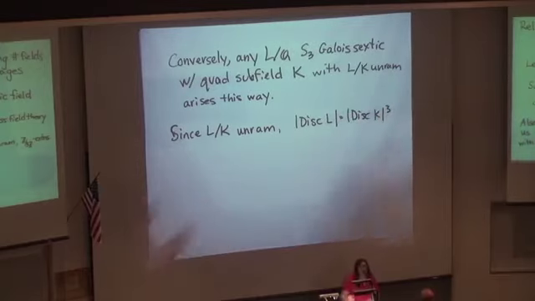So when we say we're counting things up to discriminant X, we were going to be averaging our class groups for K up to discriminant X. That's going to just be the same as counting fields up to discriminant X, all just shifted by cubing things.